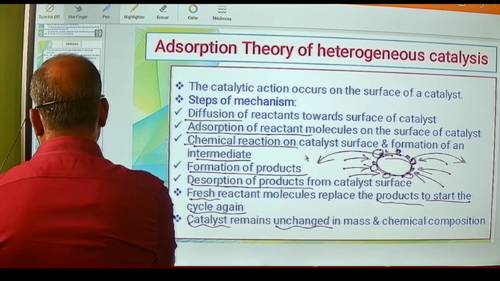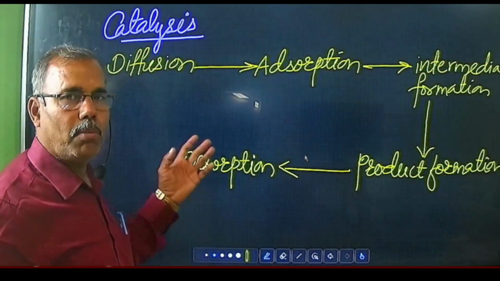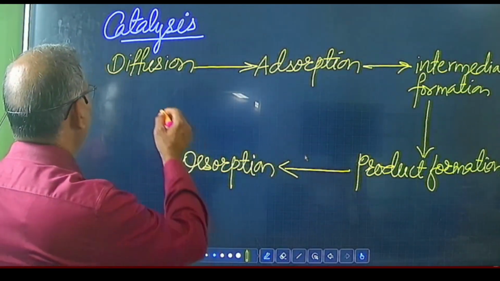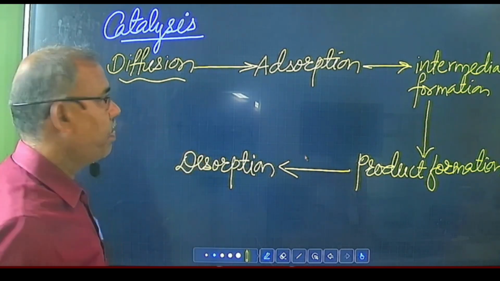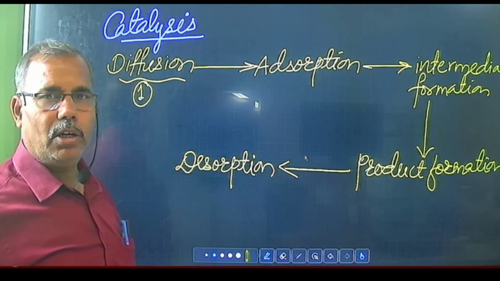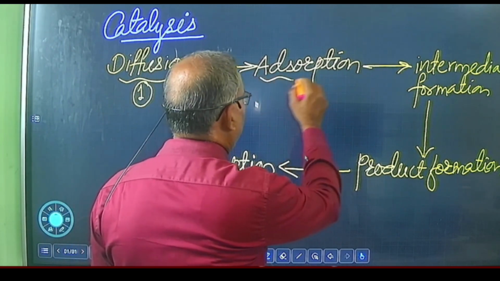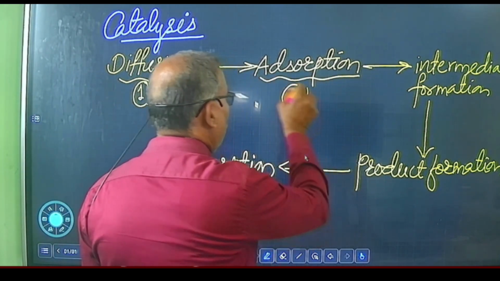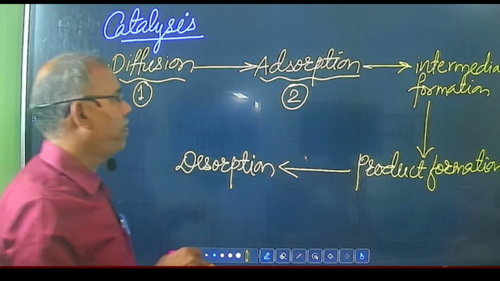Now we shall see these steps once again in the form of a flow chart. First step, diffusion of reactant molecules to the solid catalyst. Second step, adsorption of the reactant molecules on the surface of the catalyst.